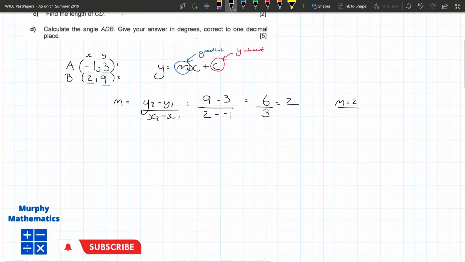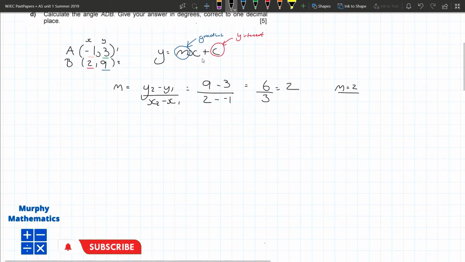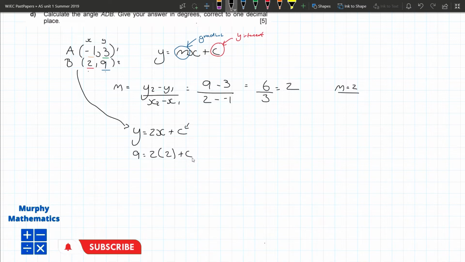Okay, and now we need to find the y-intercept, so part C. We don't have a graph, so we can't use a graphical method. What we can do is insert points into the equation we've just made. So plug in m equals 2 into this equation, so we've got y = 2x + c. We still need to find this c. Because we know this point lies on this line, we can just use its coordinates. So we can use 9 = 2 lots of 2 + c, and that's 9 = 4 + c.